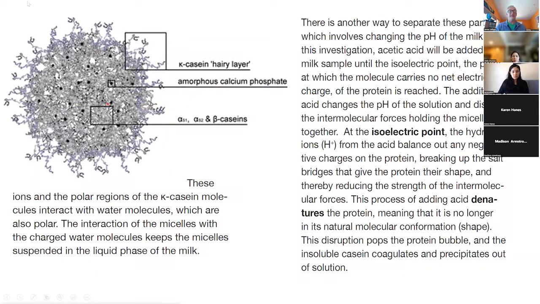And so it's interesting that it's called the hairy layer. I think that's hysterical. So here we have sort of long amino acid chains that are polar on the end. So these would be like carboxylic acid groups and amino groups and hydroxyl groups on the outside.